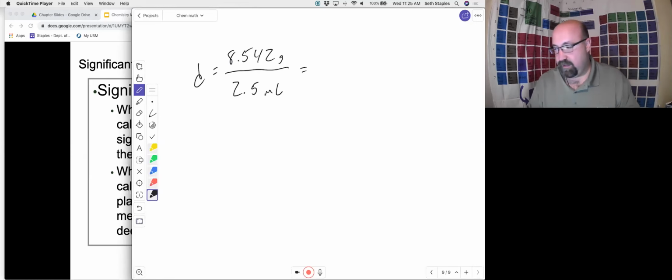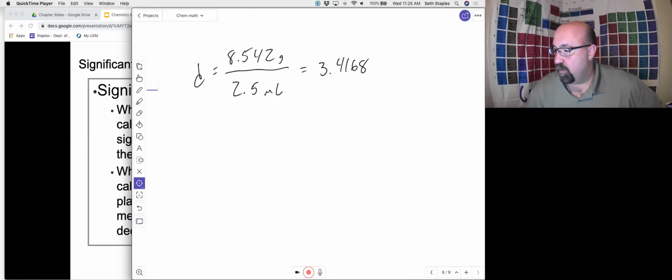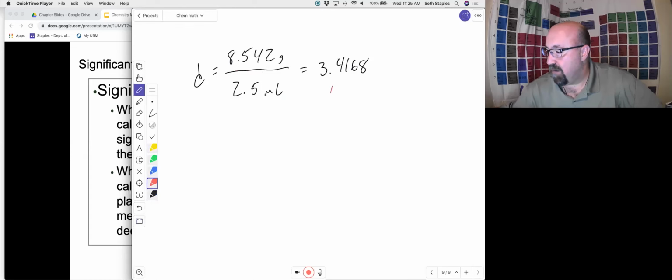We plug that into a calculator, 8.542 divided by 2.5, and our calculator is going to spit out 3.4168. But we look at our significant digits and see that we've got 4 significant figures in our mass measurement and only 2 in our volume measurement. So our least number of significant figures is 2. That means our answer needs to be rounded to 2 significant figures.